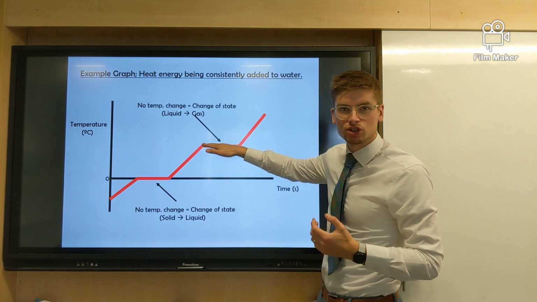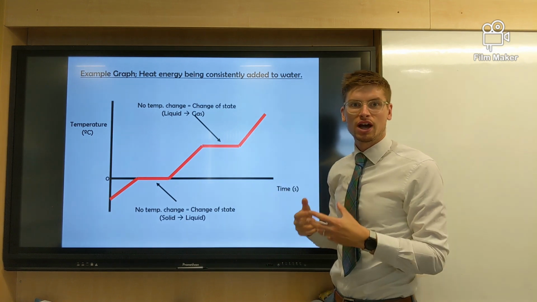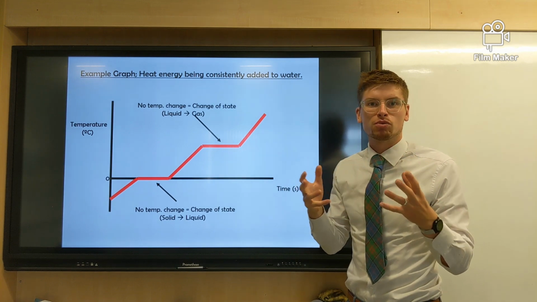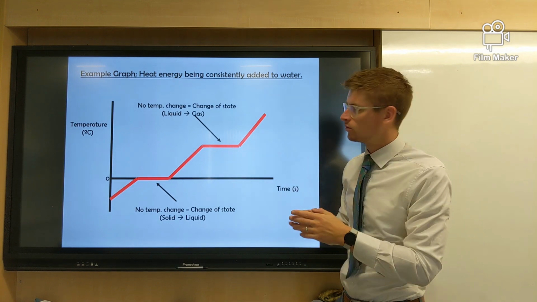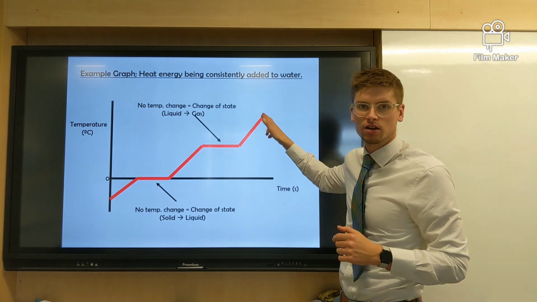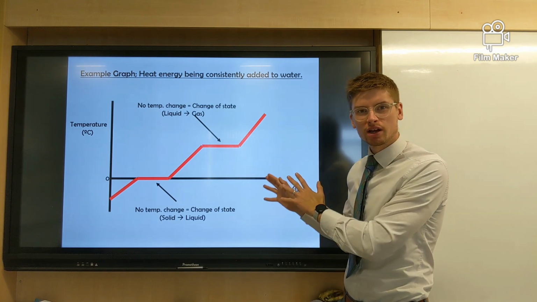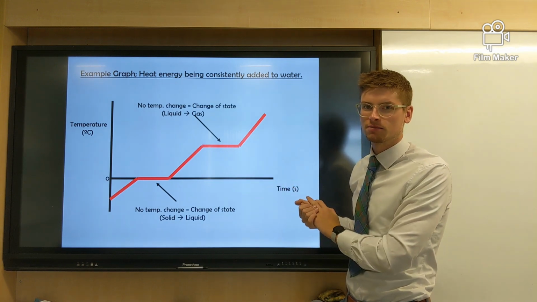But it only starts rising in temperature once it's all gone into steam or gas. That's probably not theoretically what happens, but in National 5 that's all we need to know. From the moment it's all gas, it starts to raise its temperature again. Now this is a key graph. Please know it. It comes up again and again in multiple choice exams.